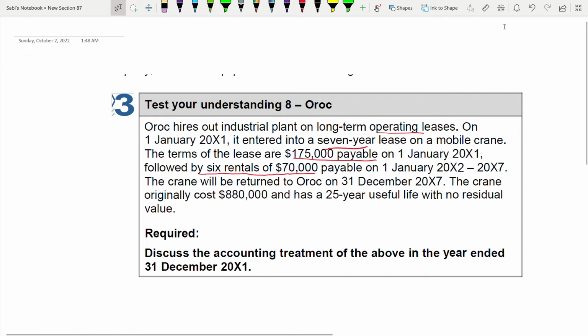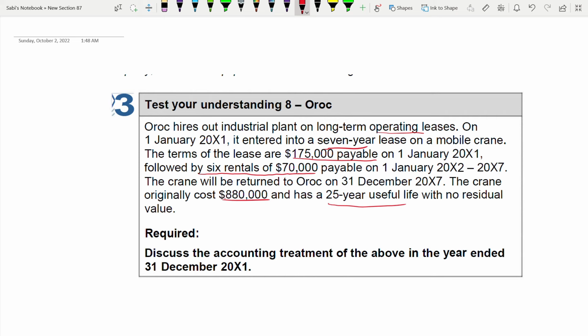So that makes up a total of 7 years. First year 175, and second, third, fourth, fifth, sixth, seventh. That means for 6 years it is going to be 70,000 each. Now, originally the crane cost 880,000 with a 25-year useful life.